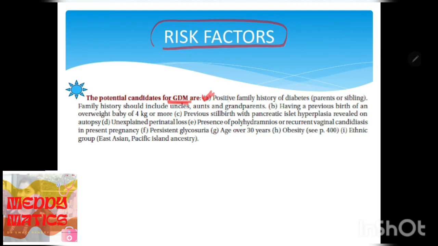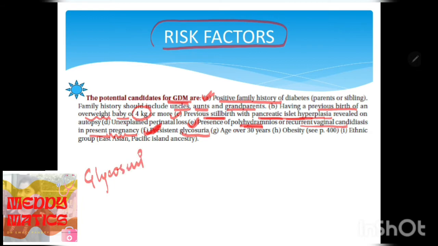A positive family history of diabetes in parents, uncles, aunts, or grandparents; a previous birth of an overweight baby of 4 kg or more; or a previous stillbirth where autopsy showed pancreatic islet hyperplasia; polyhydramnios; recurrent vaginal candidiasis in pregnancy; and persistent glycosuria. Glycosuria is normal in pregnancy, but if it is persistent, it may indicate GDM.